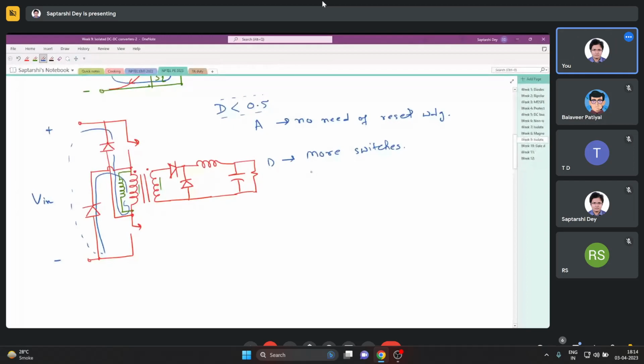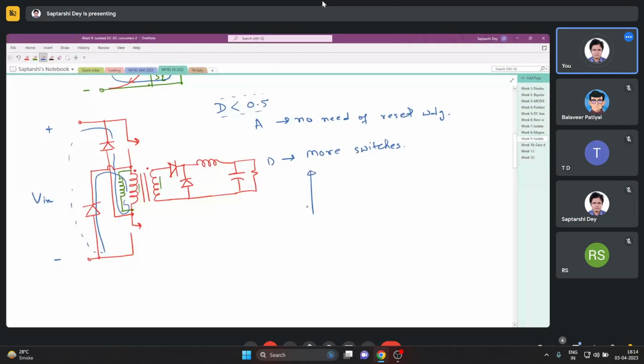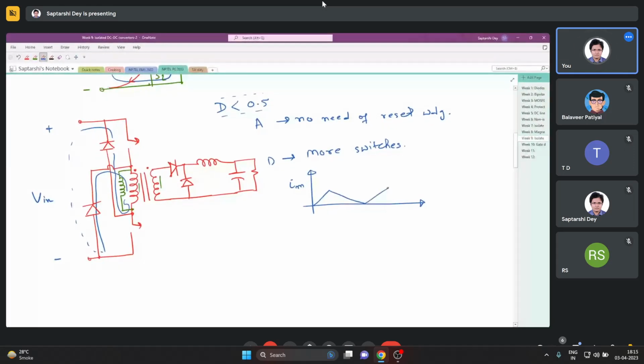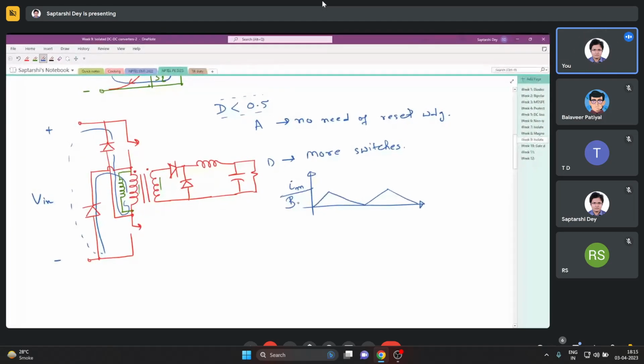But now if you see, the magnetizing inductance current Im that flows for both forward converter and flyback converter, that is unipolar, right? Like this only. Sorry, this Im is nothing but a reflection of Bm.